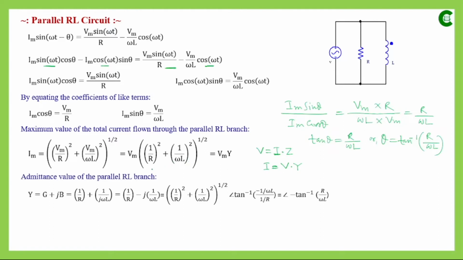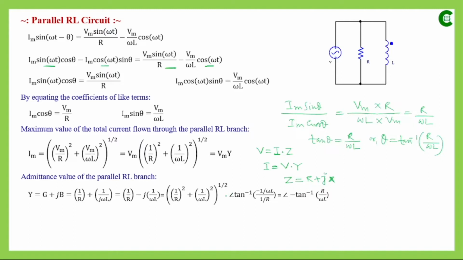Now the admittance value of that parallel RL branch will be this value, and we know that it can be in rectangular form, written like this, G plus jB, where G, since admittance is the reciprocal of the impedance, is the reciprocal of the resistance, because we have already seen that Z is written as R plus j and then the reactance value.